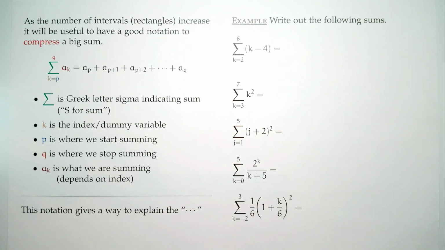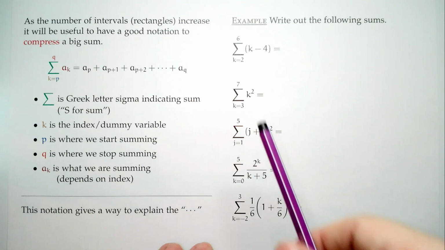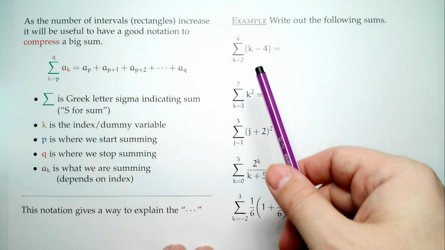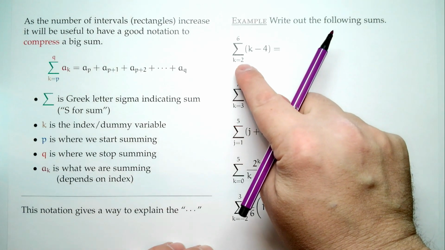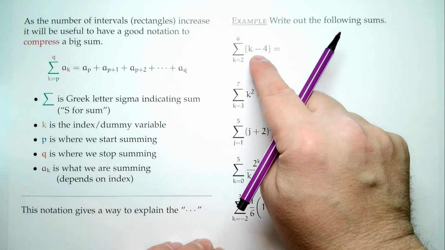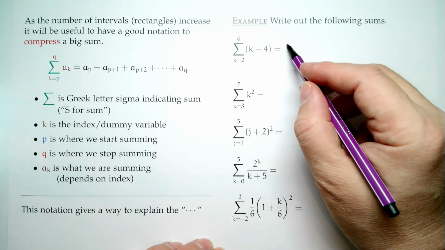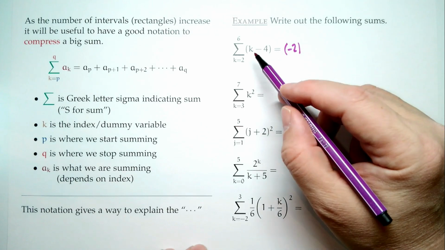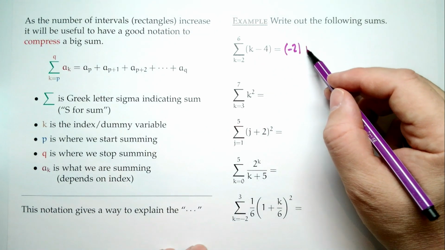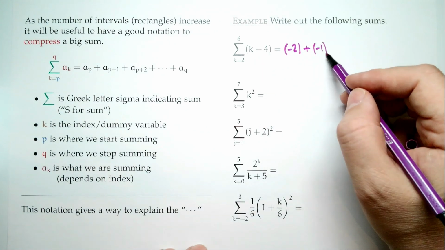Suppose we're adding up the sum from k equals 2 to 6 of k minus 4. We're going to start at 2. If we put in 2, what do we get? We get negative 2. So this is our k equals 2 term. Now you put in 3. What's the next term going to be? Negative 1.